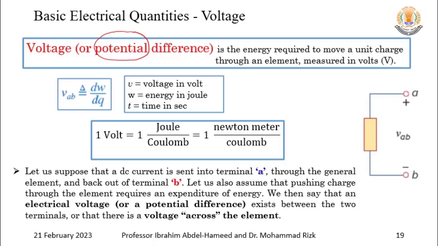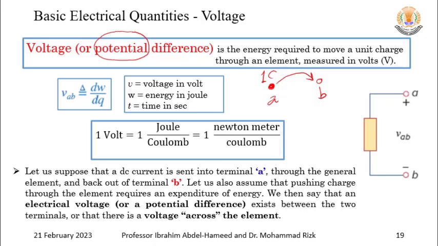So if you have 2 points, assume you have here point A and point B, and you are going to move a point charge of 1 coulomb from this point to this point. The amount of energy, or work done per unit charge, will be called the potential difference or voltage difference.